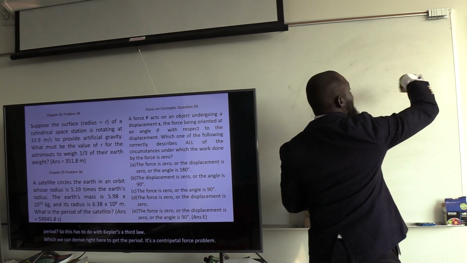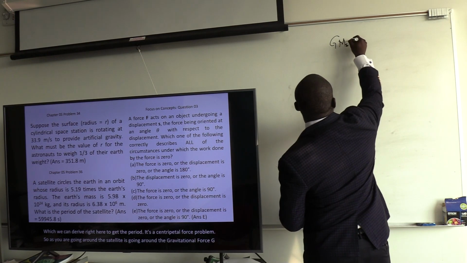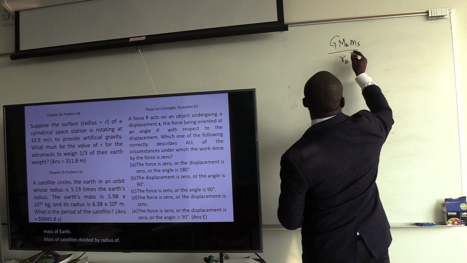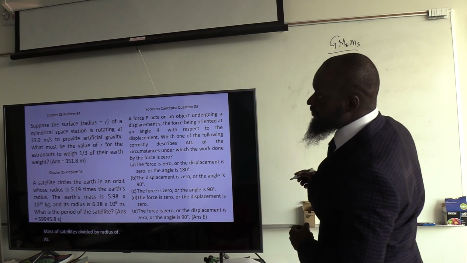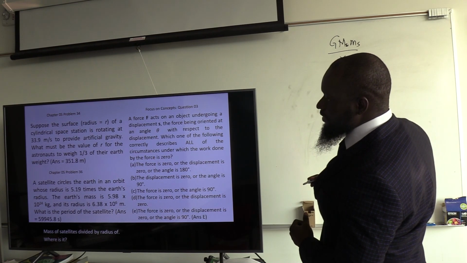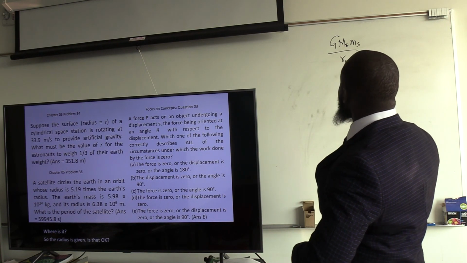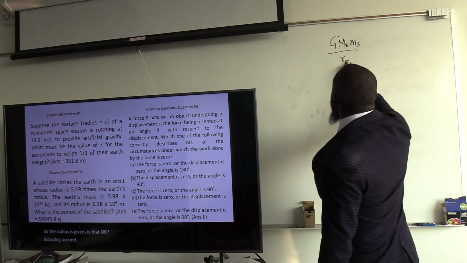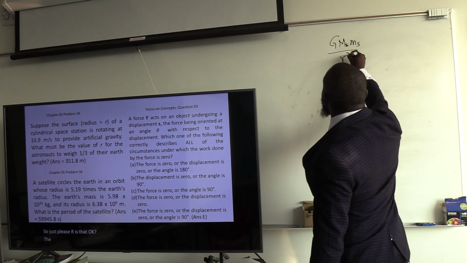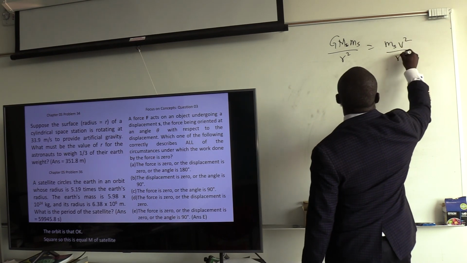So as the satellite is going around, the gravitational force, G, mass of Earth, mass of satellite, divided by the radius of the orbit squared, equals m of satellite v squared over r.